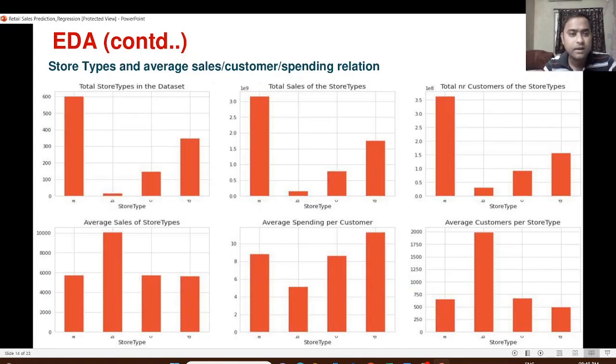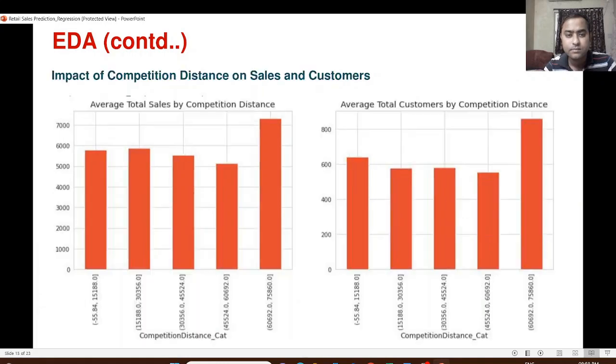After that we can see the relations between store types and average sales, customers and spending. Then the impact of competition distance on sales and customers.